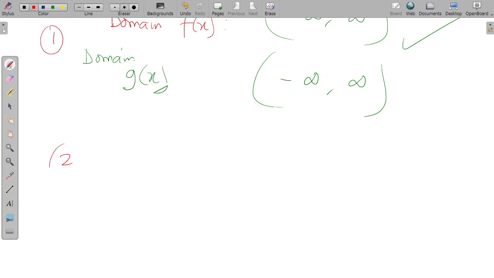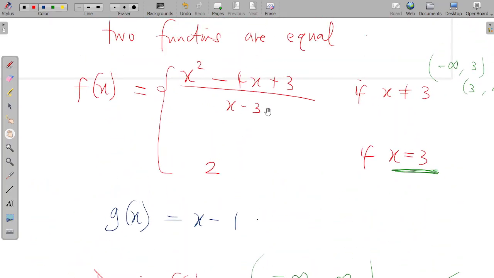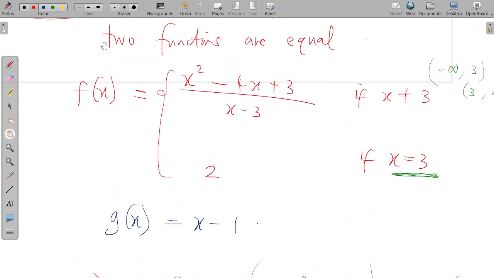Condition 2, we want to check each x. If I pick x equals 1, in f of x it will fall here. If I put 1 here, I'm going to have 1 squared minus 4 plus 3 over minus 2, and the answer will give us 0.